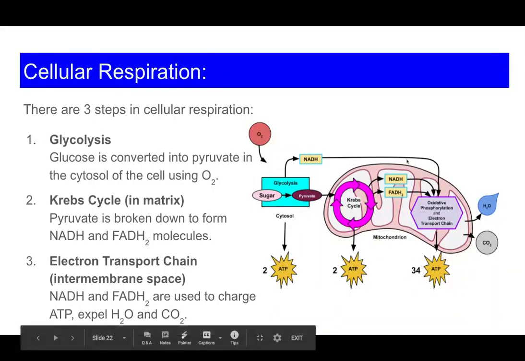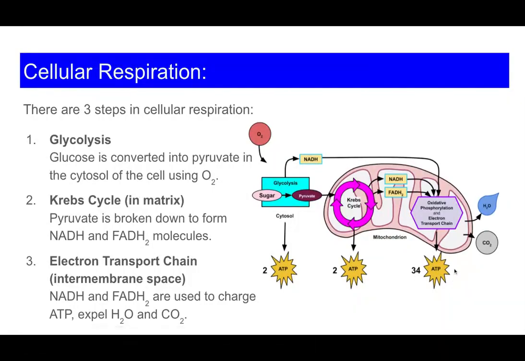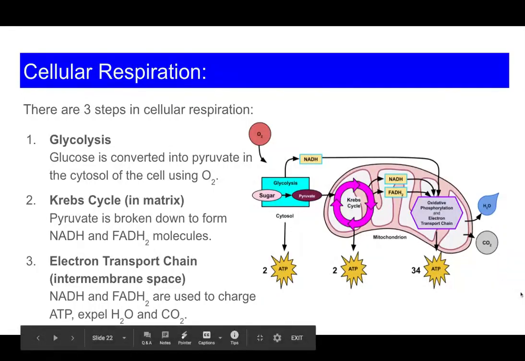So we take all these byproducts that we made in these earlier steps and funnel hydrogen ions through ATP synthase, a special protein, and it makes all these ATPs. And so that's 34 that we make in this one process. That's a lot. Water and carbon dioxide are byproducts of this. So that's why we end up having to expel CO2. It's part of this process of cellular respiration.